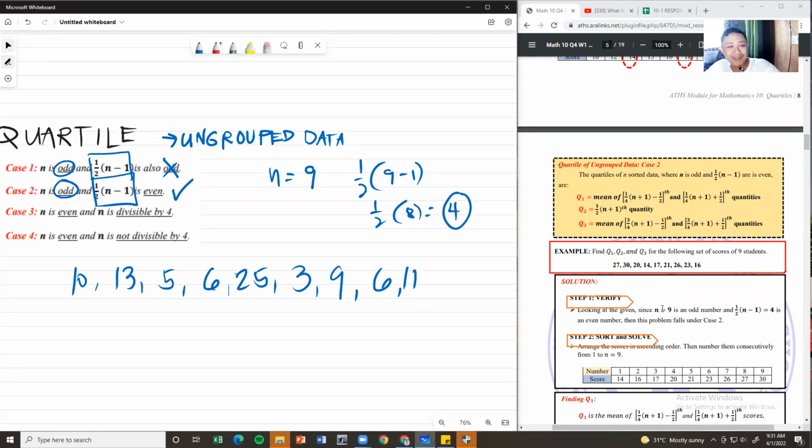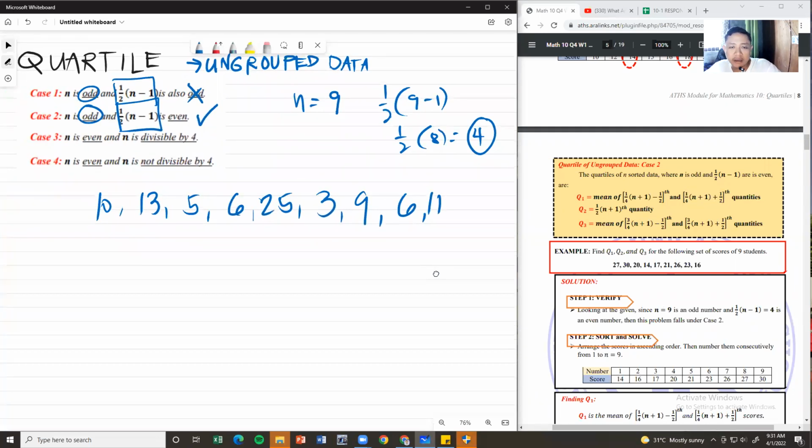Formula first. Before you do the formula, just make sure that your set of data are arranged in ascending order. Is this set of data arranged in ascending order? Yes or no? Of course not. So let's arrange it in ascending order.